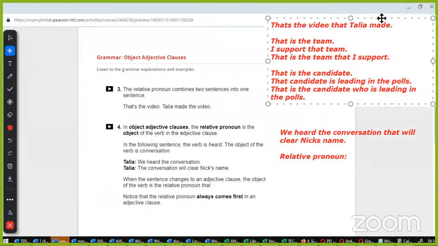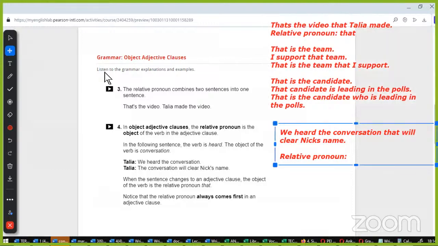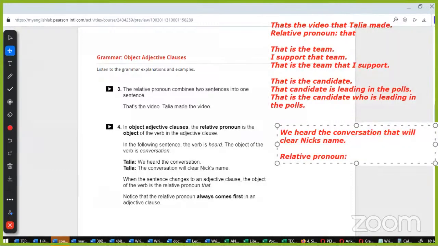Here, the relative pronoun is that. Okay. So what's the relative pronoun here? It's the same that. Great. So here in object adjective clauses, the relative pronoun is the object of the verb in the adjective clause. In the following sentence, the verb is heard. The object of the verb is conversation.